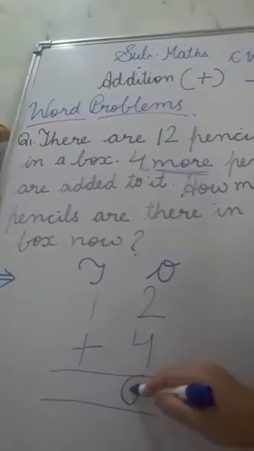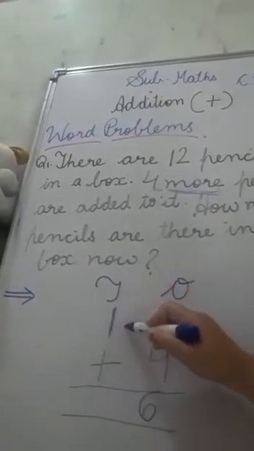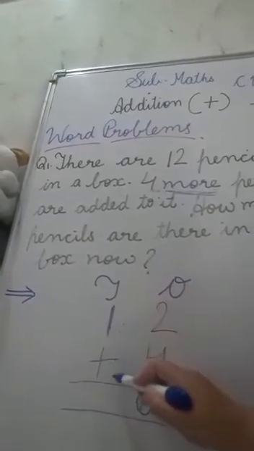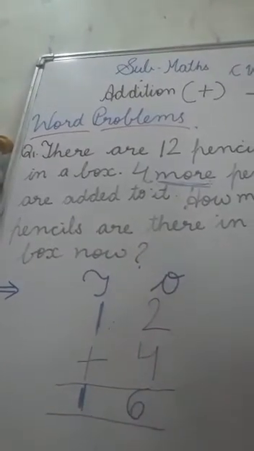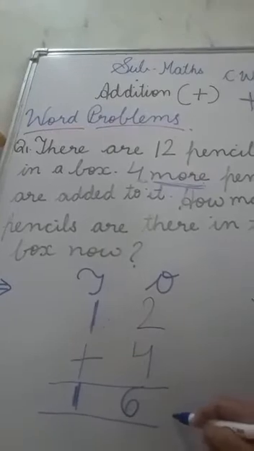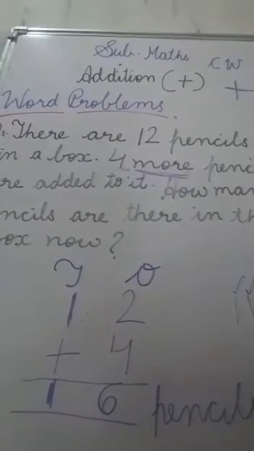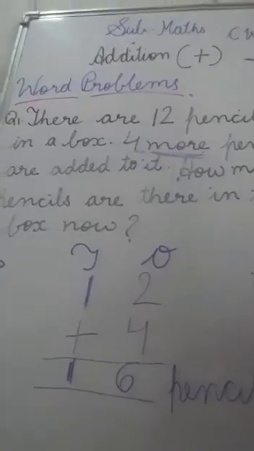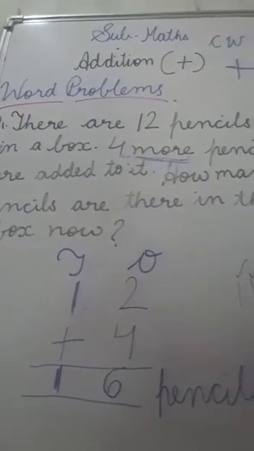So you will write 6 here. And only 1 is there. Now add this 1. So how many pencils are there? 16. Write down 16 pencils. 16 pencils.